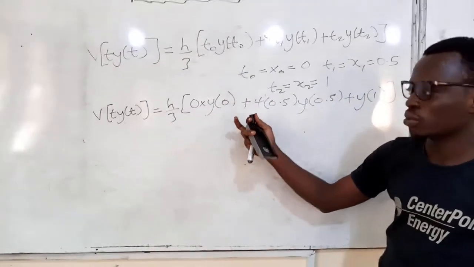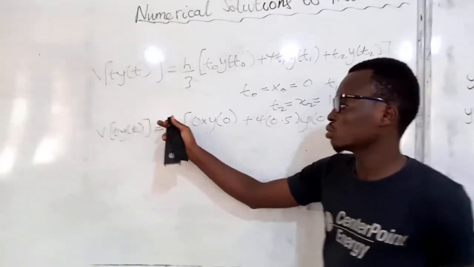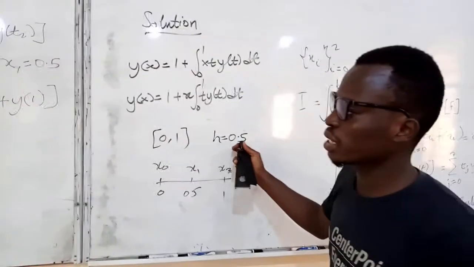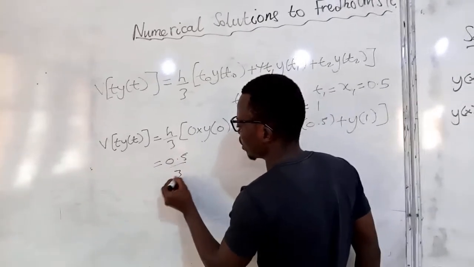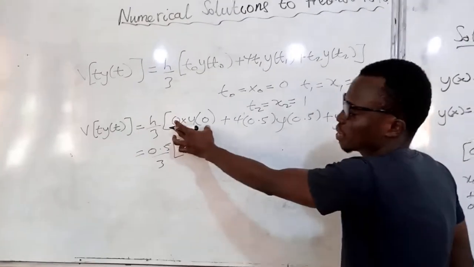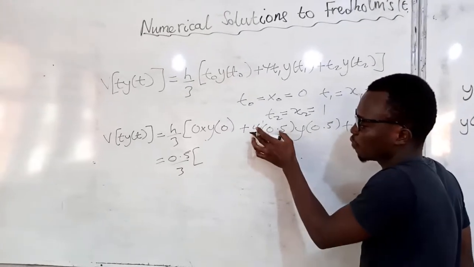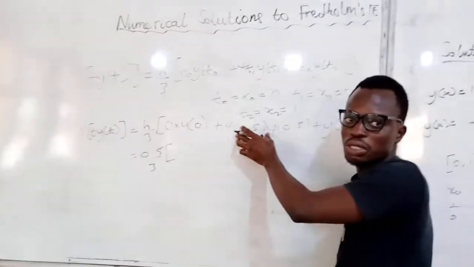0 times y of 0 becomes 0. We have our step size to be 0.5, so you can just substitute into our v of t y of t. Here becomes 0.5 divided by 3, and 4 times 0.5 gives me 2.